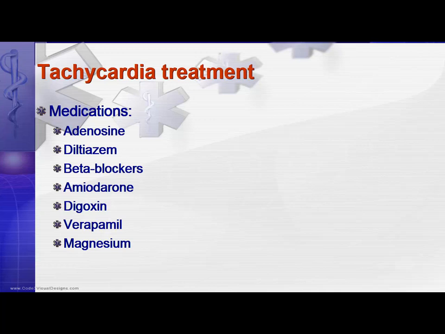Now, your beta blockers do matter. You can't just say, hey, we'll just give XYZ beta blocker, because your beta blockers do block the betas, but do they just block beta 1? Do they just block beta 2? Are they selective or non-selective? And so that's going to play a big role. Do they have some alpha blocking properties as well? Your amiodarone, your class 3 antiarrhythmic that is pretty common with all of your algorithms here.